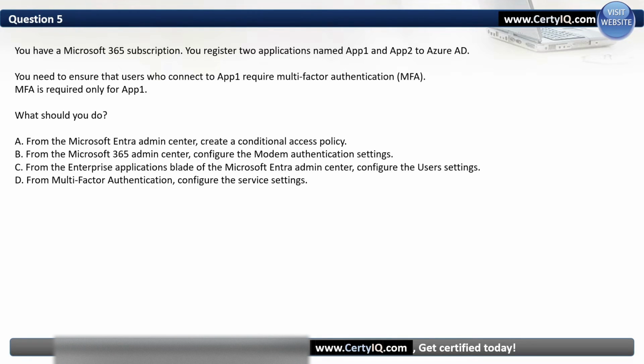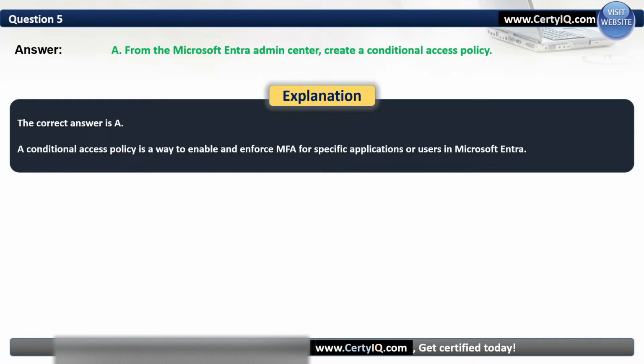What should you do? The correct option is A. From the Microsoft Entra Admin Center, create a conditional access policy. The correct answer is A. A conditional access policy is a way to enable and enforce MFA for specific applications or users in Microsoft Entra.